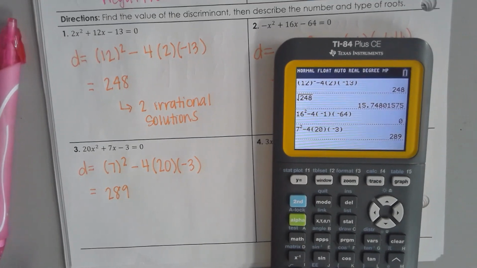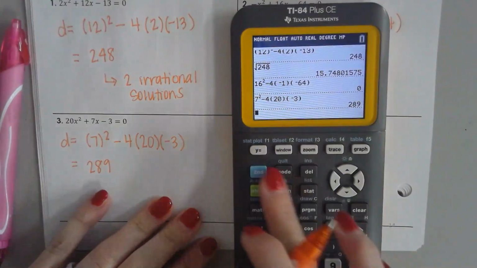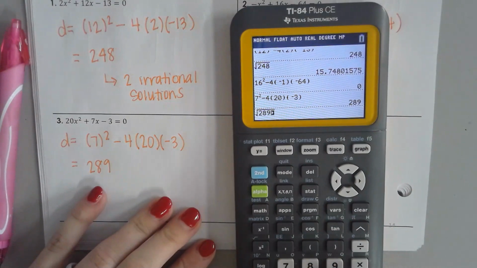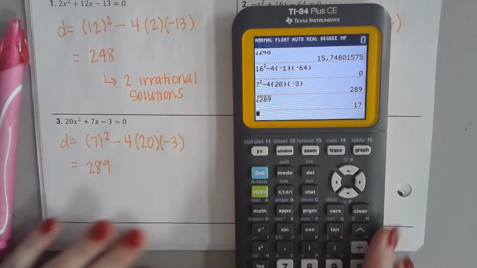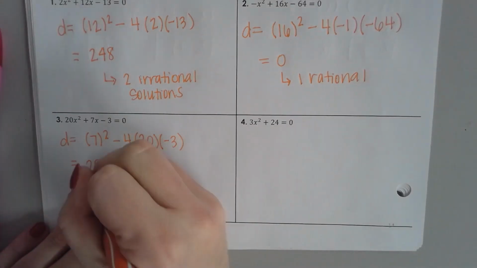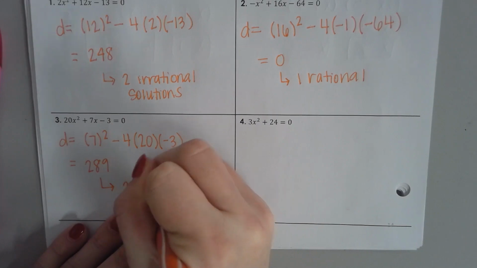I got 289. If you're not sure if that's a perfect square or not, let's see. Is it? Yep, it's a perfect square. So it's a positive number and it's a perfect square, 2 rational.